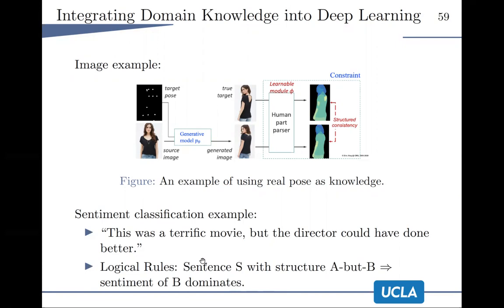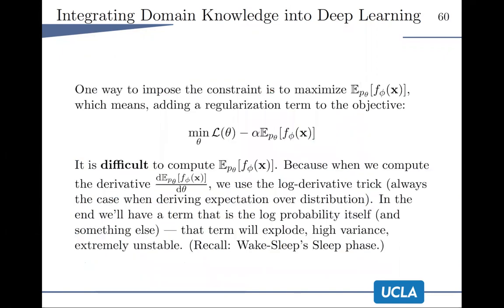When we see "A but B," then B is the focus. So we know that the director could have done better, so this is not that positive a sentence. And this could help enhance the performance of the classifier.